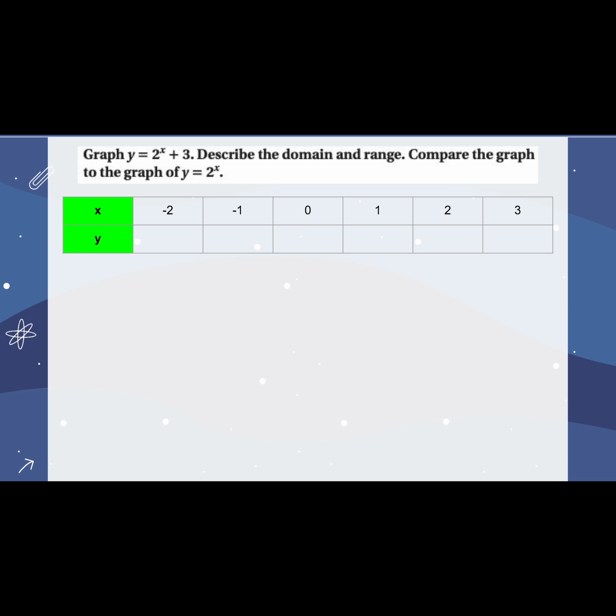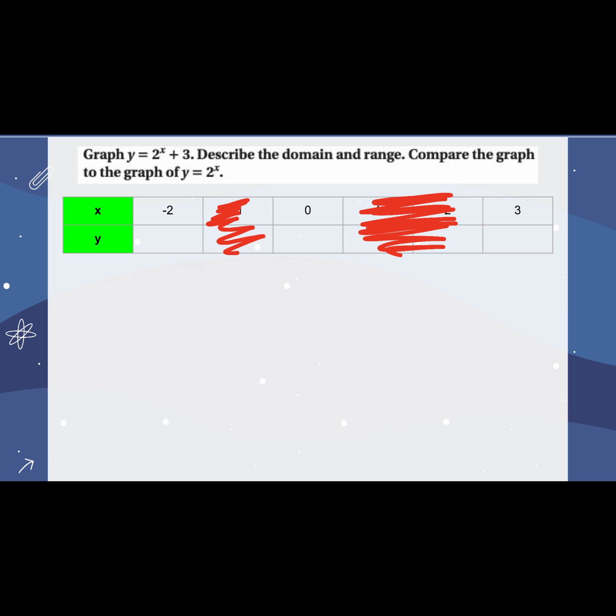When we are graphing these exponential functions, it's really difficult for me just to look at the equation and graph it. So what I do is find a couple of the points. You don't have to find all of these. I'm just going to have you find those 3 points on the graph y equals 2^x plus 3, and then sketch a graph of what that would look like.